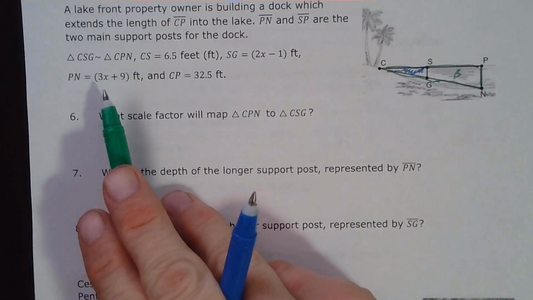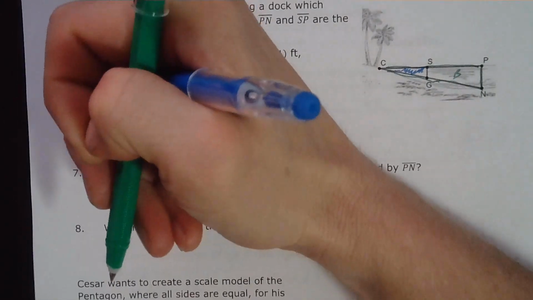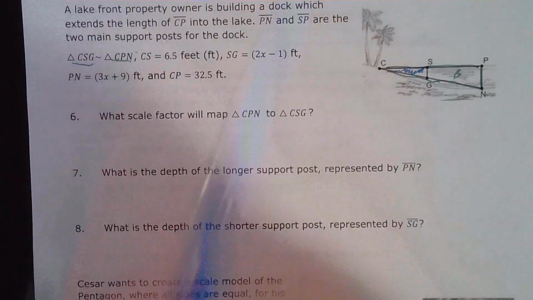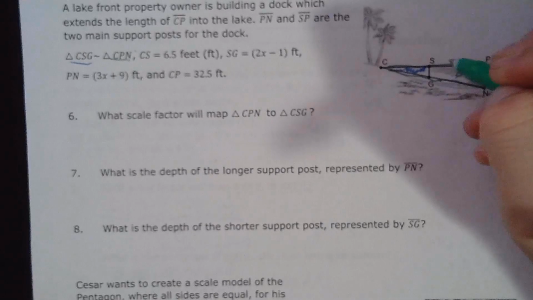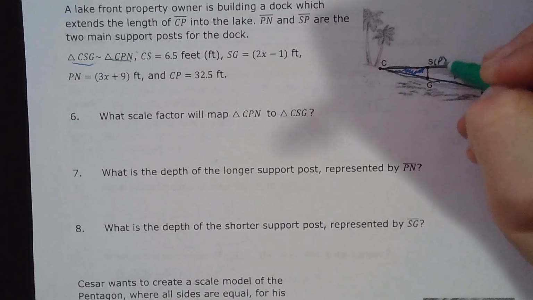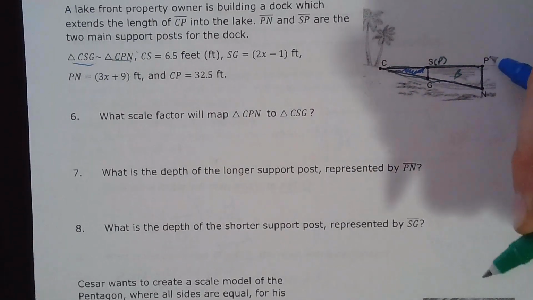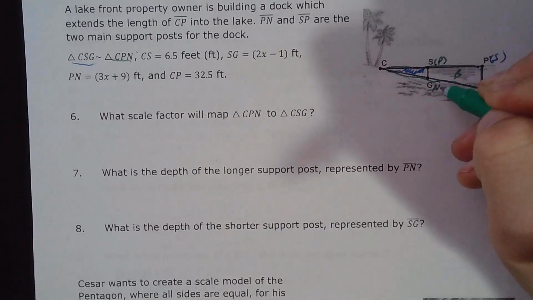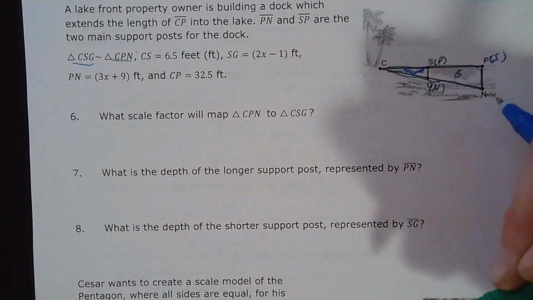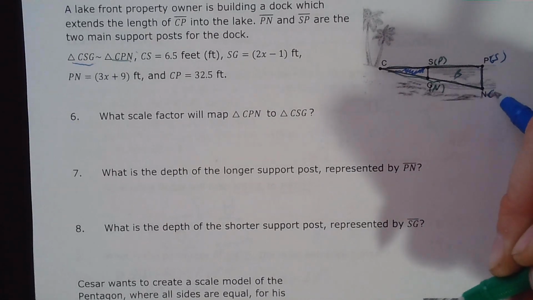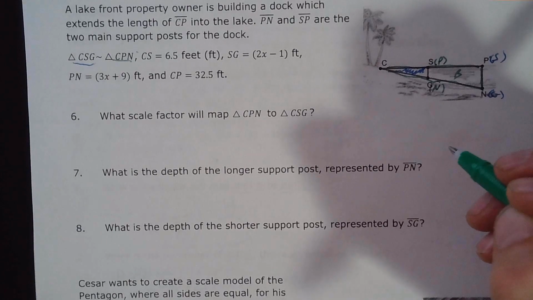The CSG is the blue one, and this is the green one. And so this one's P, this one's S, this one's N, this one's G. Not sure how much that helps you, but maybe it will.